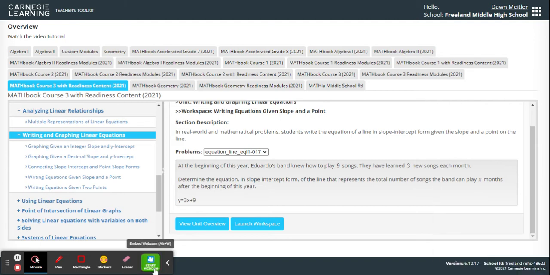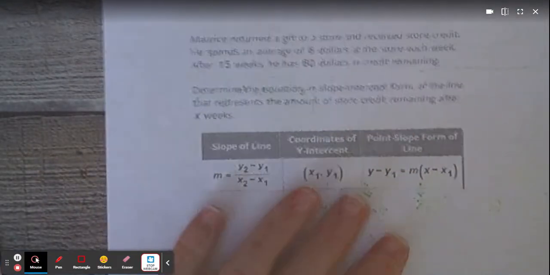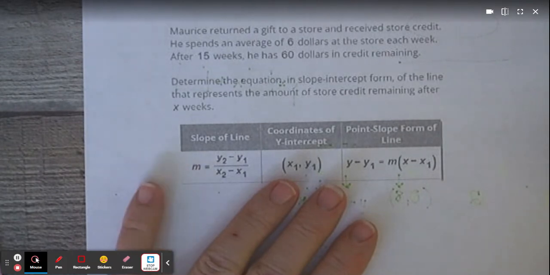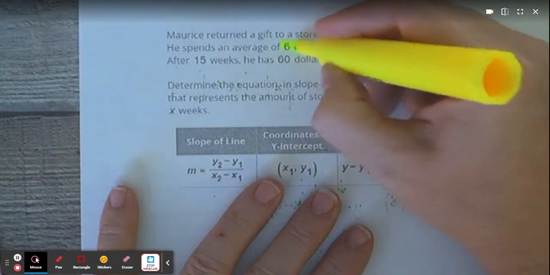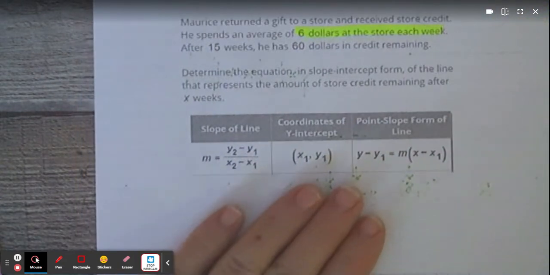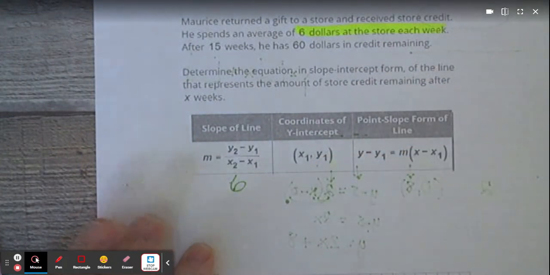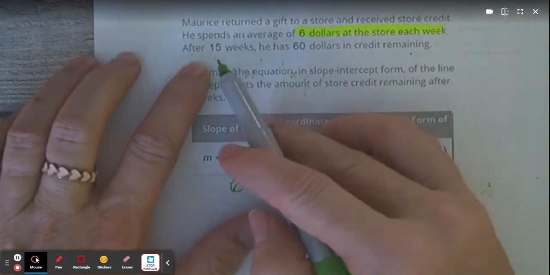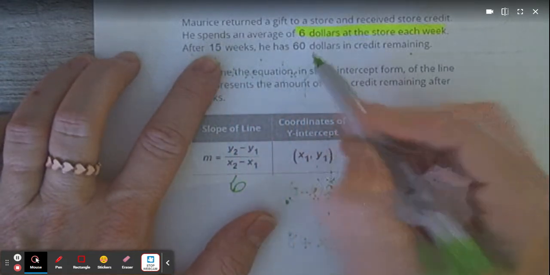Okay, so then let's go back to the back side of this. So it says, Maurice returned a gift to the store and received store credit. He spends an average of $6 at the store each week. So $6 per week is our slope. So we're going to put a 6 down here. But the point it gives us this time, it says after 15 weeks, he has $60.